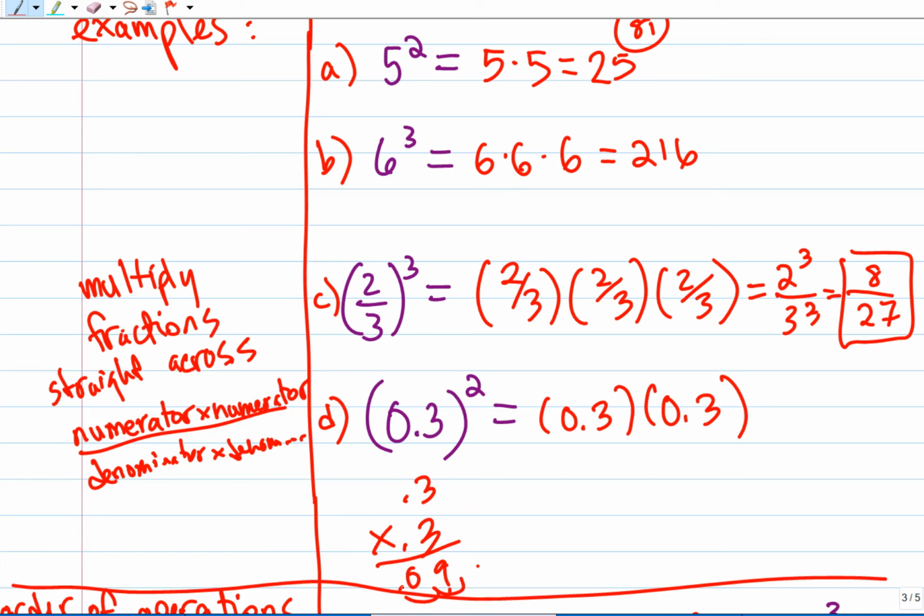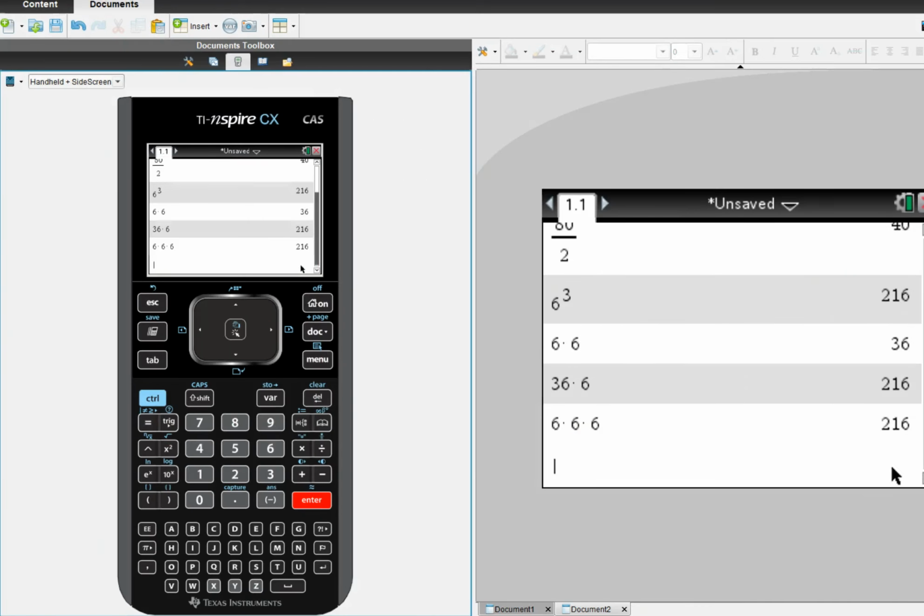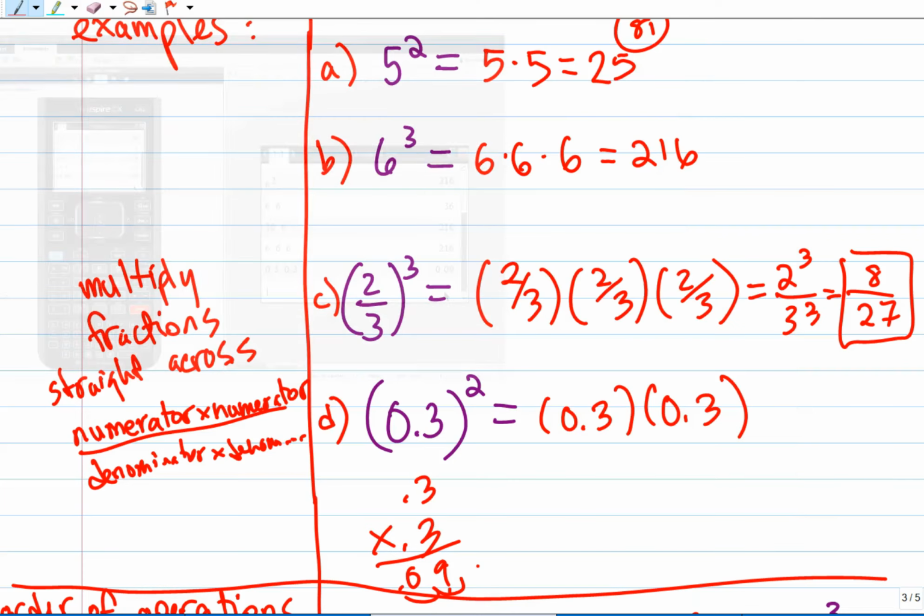That doesn't hurt my feelings. But at some point, we're not going to be doing all of this by hand. By the end of this course, and really I'm preparing you for the next course, we are going to be using technology. So we should be able to do 0.3 times 0.3 and get 0.09.